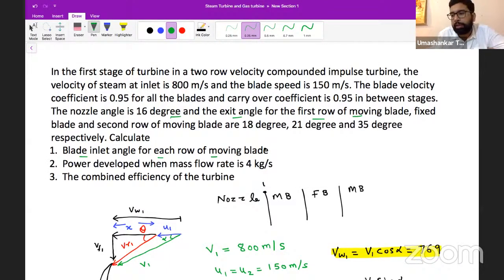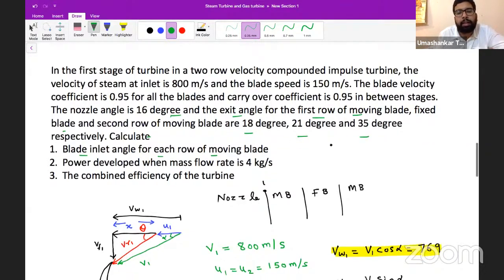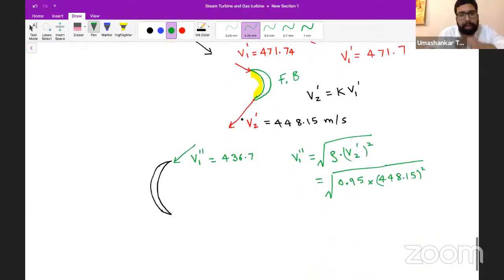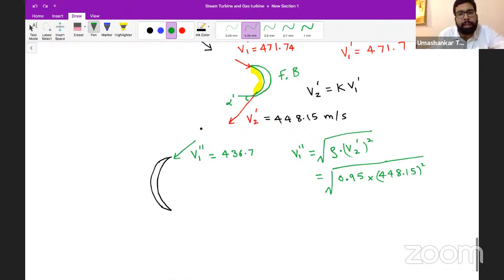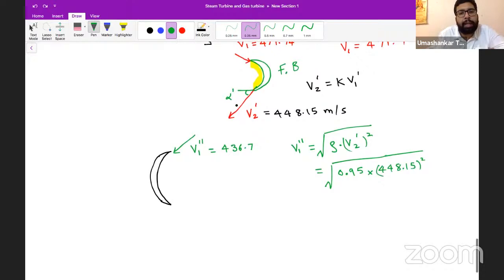Okay. Now read the question again. The exit angles of the first row of the moving blade, the fixed blade, and the second row of the moving blade are 18, 21, and 35. So can we say that this steam is deflected with this angle, let's say alpha dash, or alpha double dash, no problem.